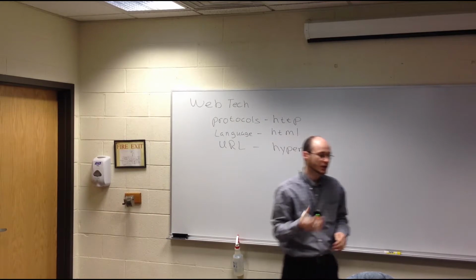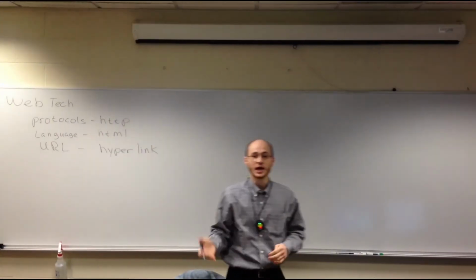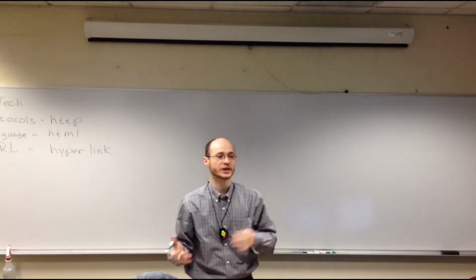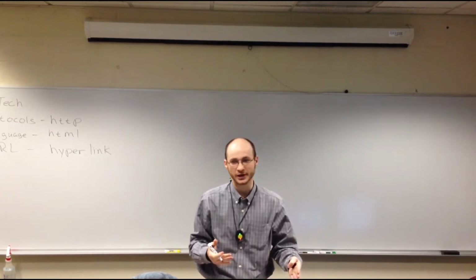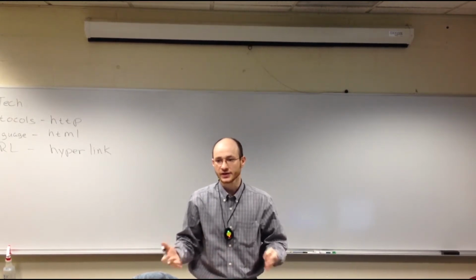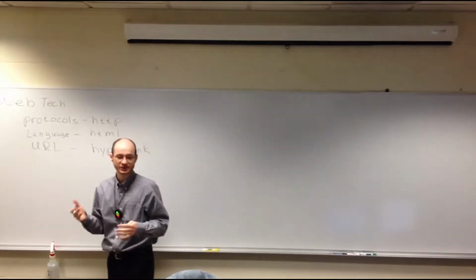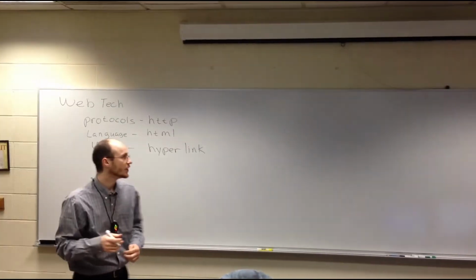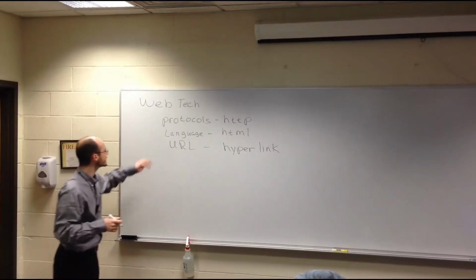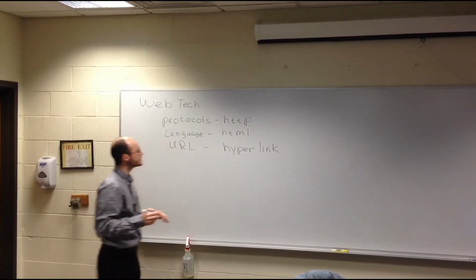A URL is a uniform resource locator. A hyperlink is when you use it in a web page so that when you click on it, it'll take you to that. So the ability is that we're linking here. We're connecting resources together. Now, what I'm trying to drive at is this right here, the web page itself.